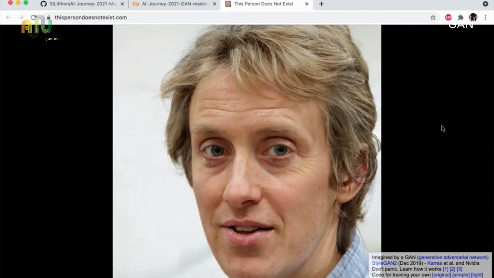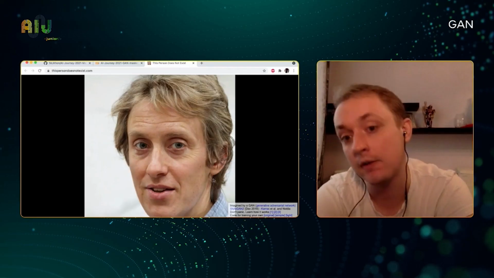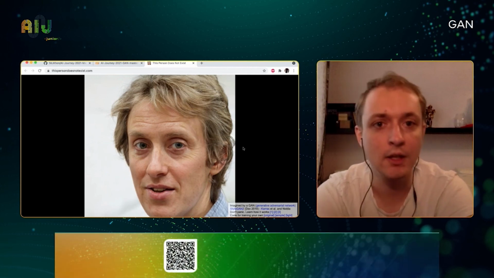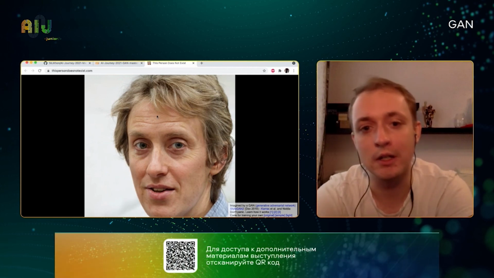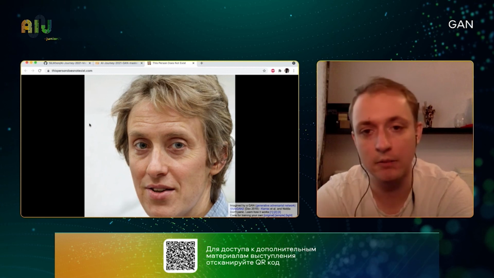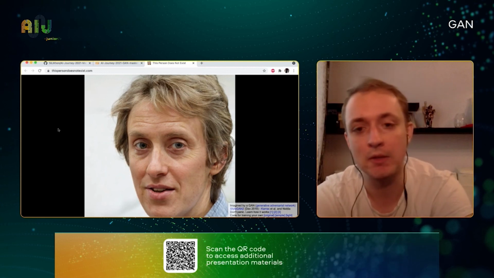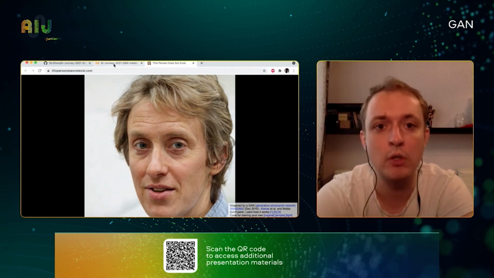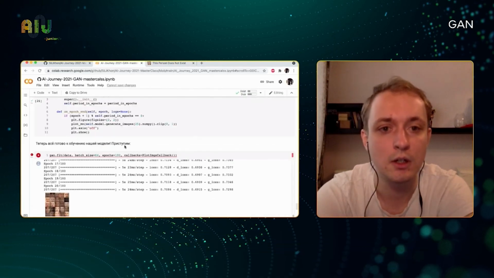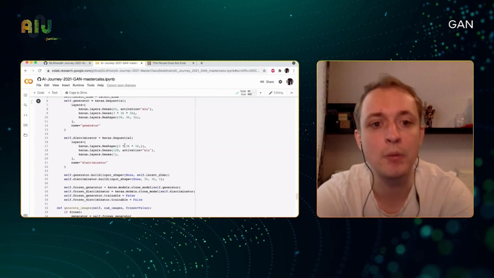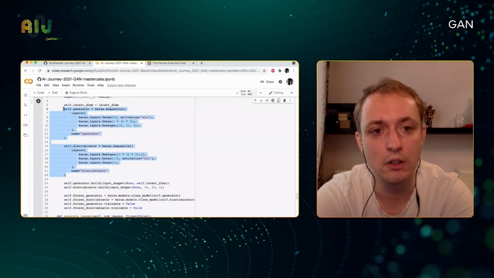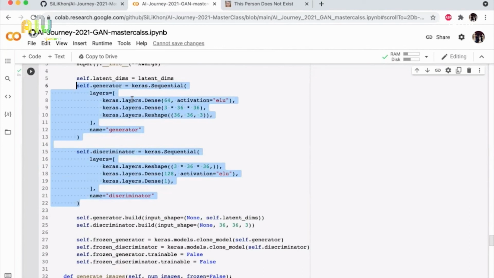If people showed me this picture and didn't tell me that it was generated by a network, I would really think that it was a real person. There are just very few artifacts here that prove that this is actually an image generated by a neural network. But as I said, studies that help reach this quality help us see how we can change the architecture, how we can step away from what is written over here.